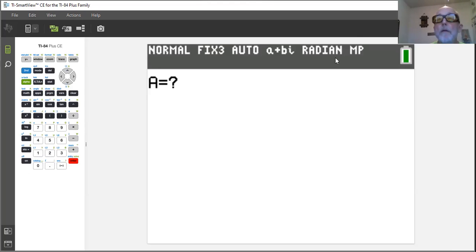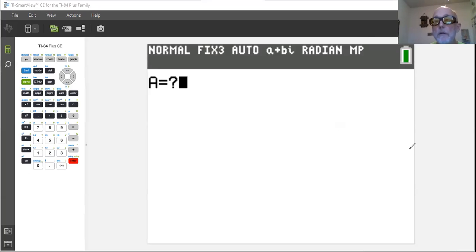Well, here, let's do this problem right here. We've got 3x squared plus 11x minus 4. There we go. Okay, so what's A?